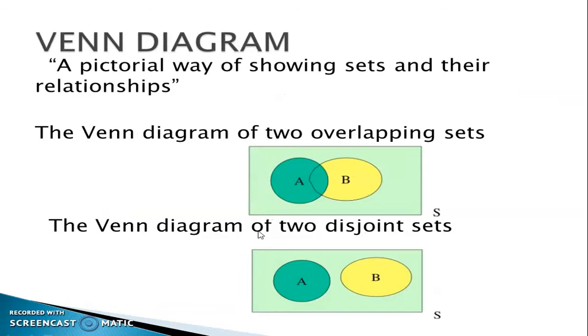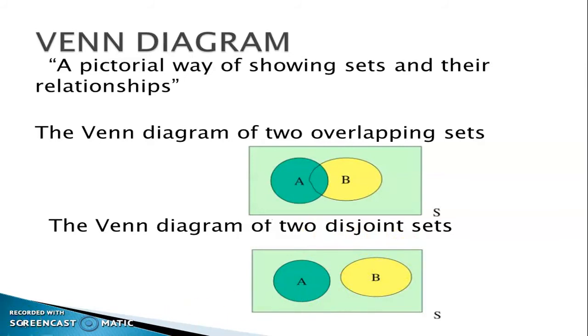Venn diagram. A pictorial way of showing sets and their relationships. The Venn diagram of two overlapping sets, they have some common area, and the Venn diagram of two disjoint sets, the two mutually exclusive events.